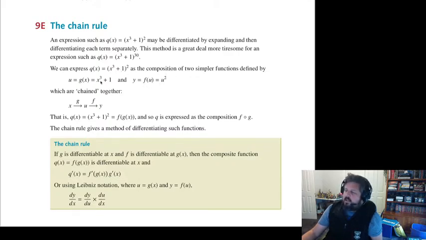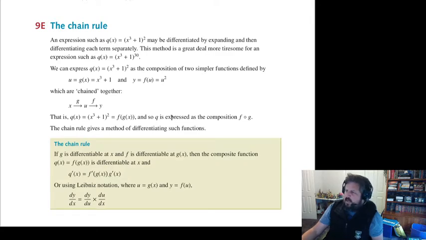Then they're essentially chained together and you've got a composite function like we were talking about earlier in the year, so you've got f of g of x. What you can do is then apply what's called the chain rule to be able to differentiate these composite functions.